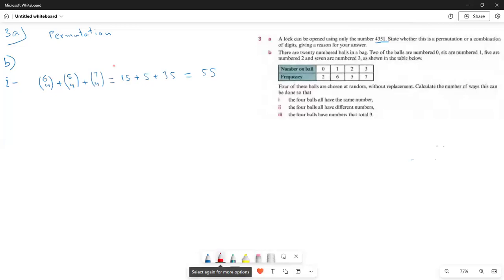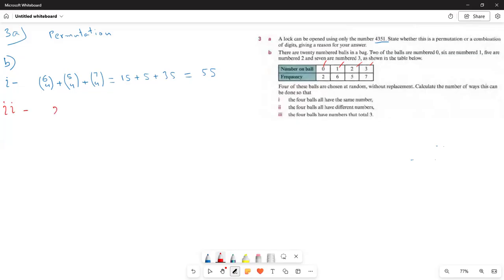And part 2 is that the 4 balls all have different numbers. Different numbers mean I take 4 balls where one of them has a 0 on it, one has 1, one is 2, one is 3. How many ways can I have 0 written on them? 2.